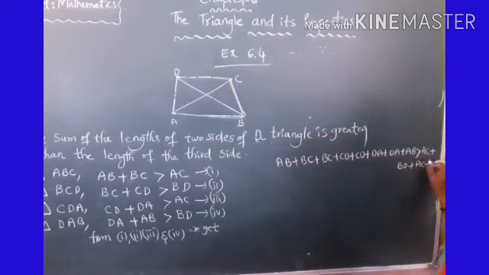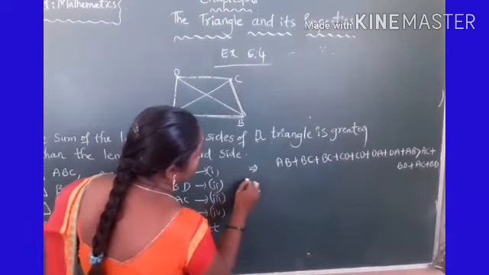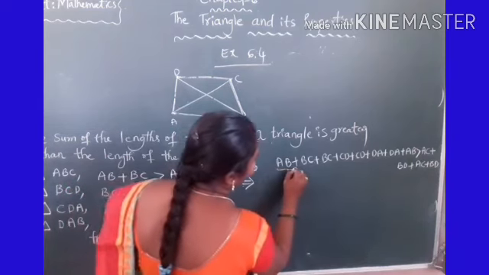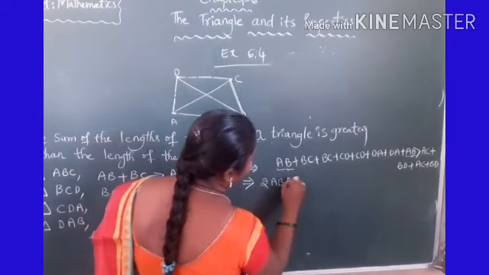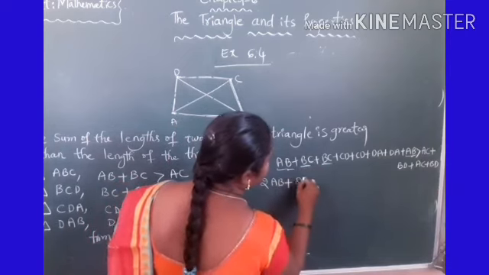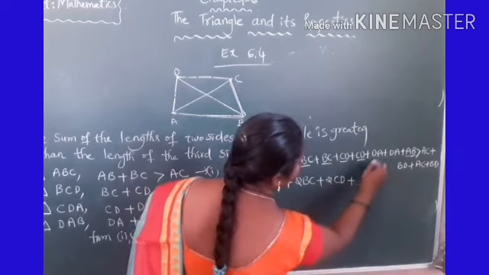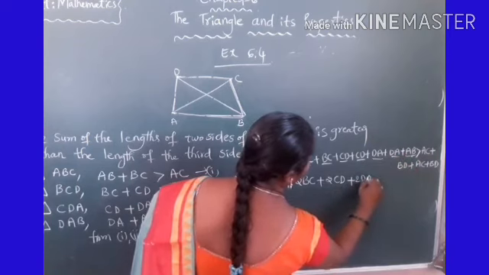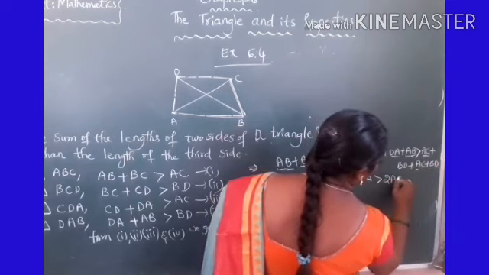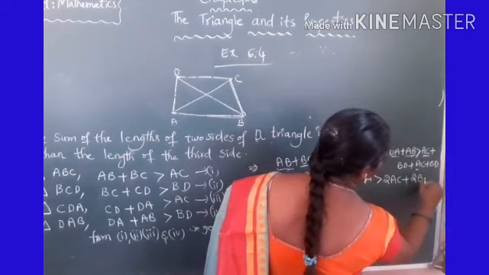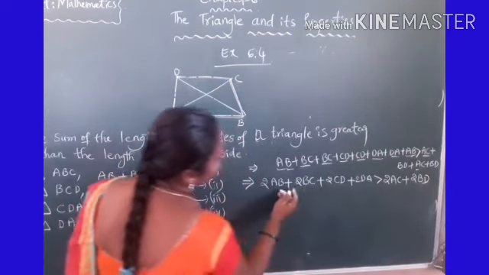Okay, so here, how many ABs? 2 AB plus 2 BC plus 2 CD plus 2 DA is greater than 2 AC plus 2 BD. Right, so 2 is common.